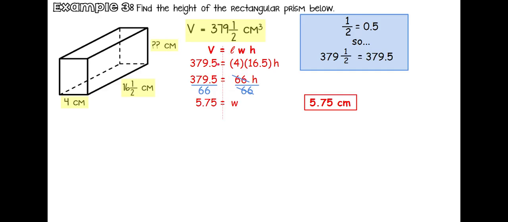Okay, so just always write out your formula, plug in what you know beneath each letter, and then solve for your missing variable, and make sure you actually write down the correct variable. And then your answer, if it's asking for just a singular measurement like length, width, or height, is just centimeters or feet or inches.